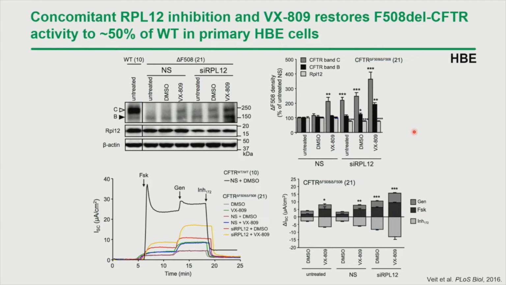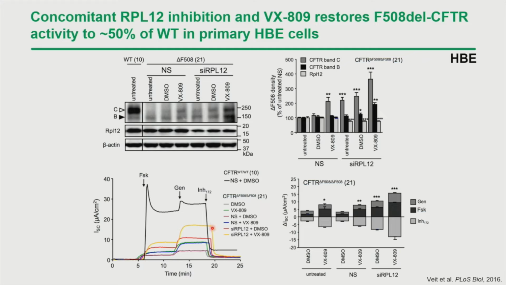And we also follow up these studies using functional assays like the Ussing chamber that's shown here, where wild type tracing is shown in the black. And then we have all of the delta F baseline versus delta F corrected with modulators or with the RPL12 suppression, as well as the combination thereof.